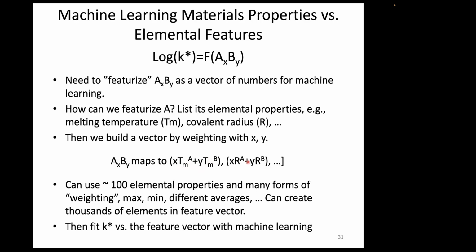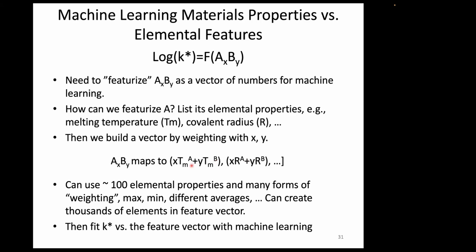And I can do that also for the radii of the pure elements. I could weight those and create a number. I could do it for their ionization energies. I can do it for their densities, and so on. So I can take a list of about 100 elemental properties, and I can weight them in many different ways.